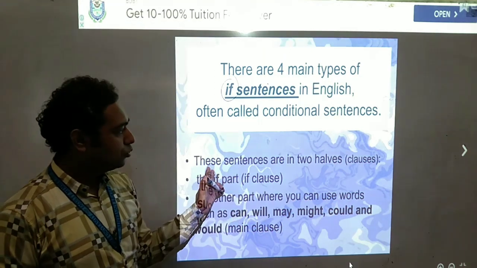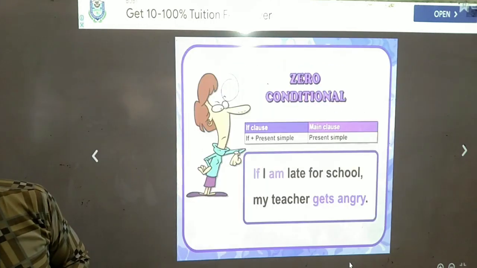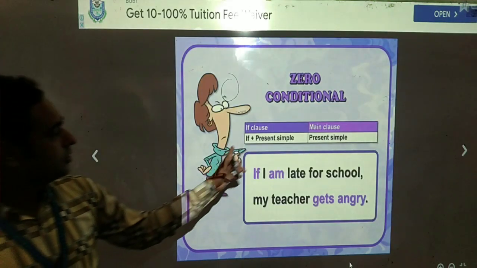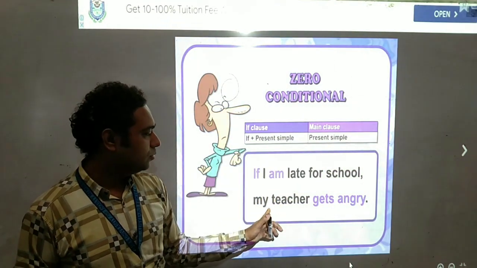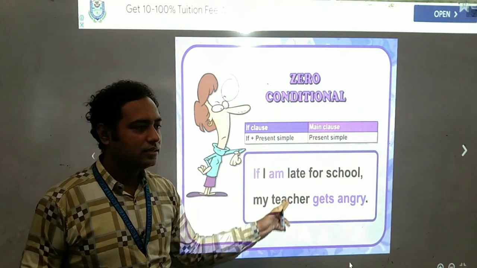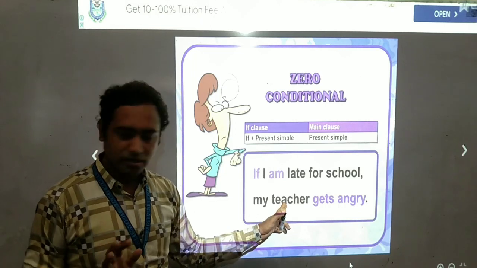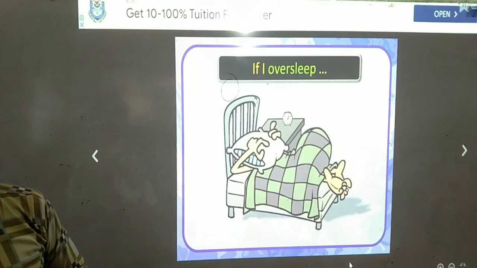So these are the two parts I already discussed. Zero condition is if plus present simple plus present simple. As you can see, if I am late for school, my teacher gets angry. Present plus present. And it is possible and real.